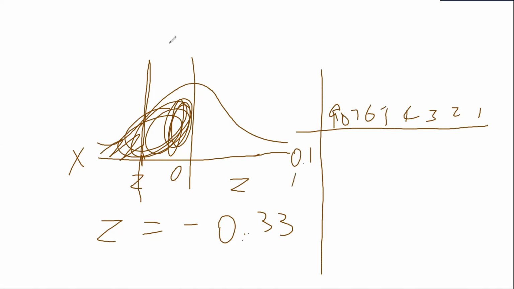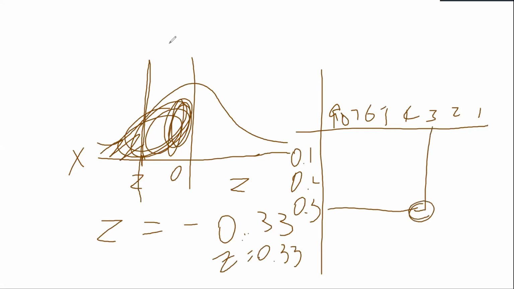For example, z is 0.33. Find 0.3 in the rows, and the second decimal place in the columns. Trace here, trace here, and this value is your probability when z is 0.33.